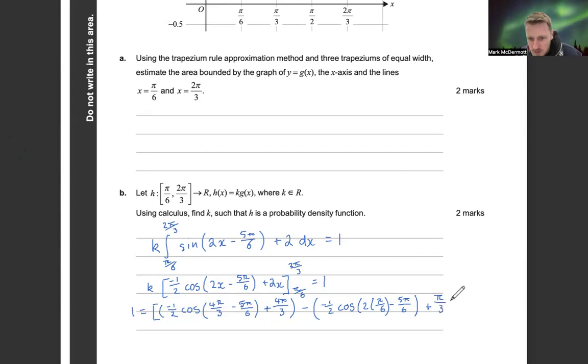So good luck doing this under time conditions. That's why you've got to practice.